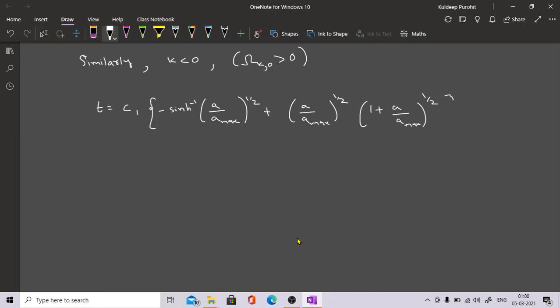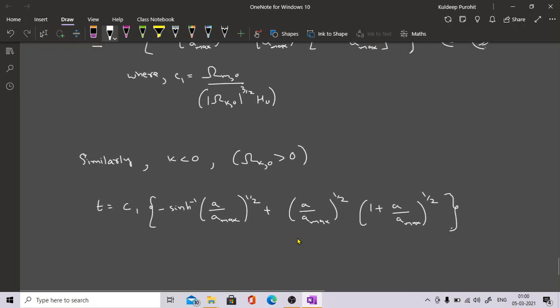Again, the value of c1 remains the same as in the previous case: omega m0 by omega k0 raised to 3 by 2 into h0. So this is the variation of scale factor with respect to time.